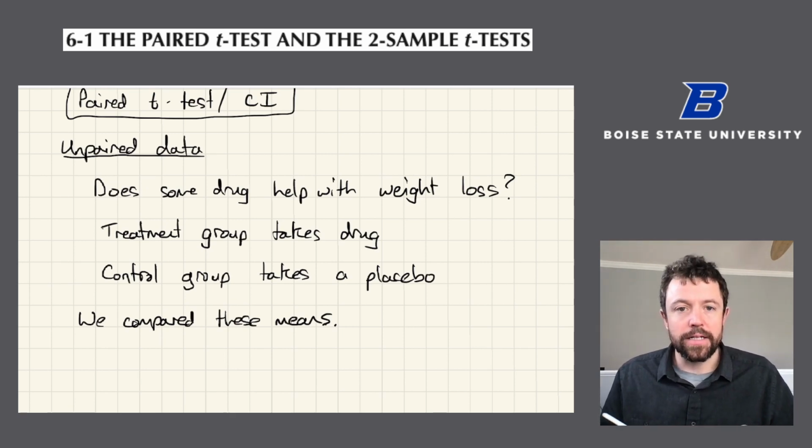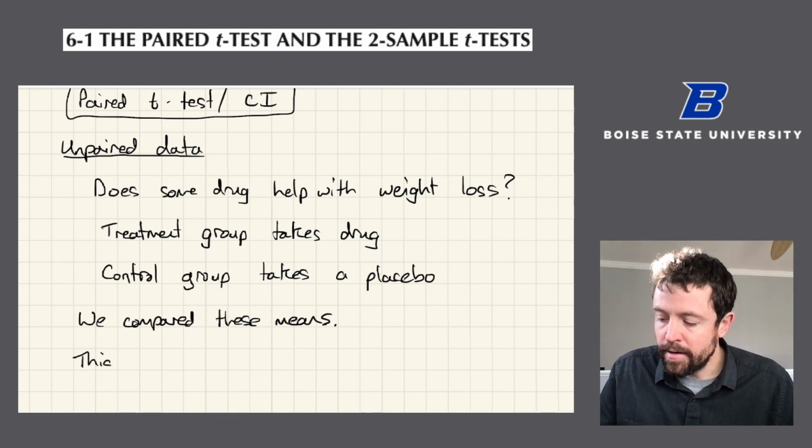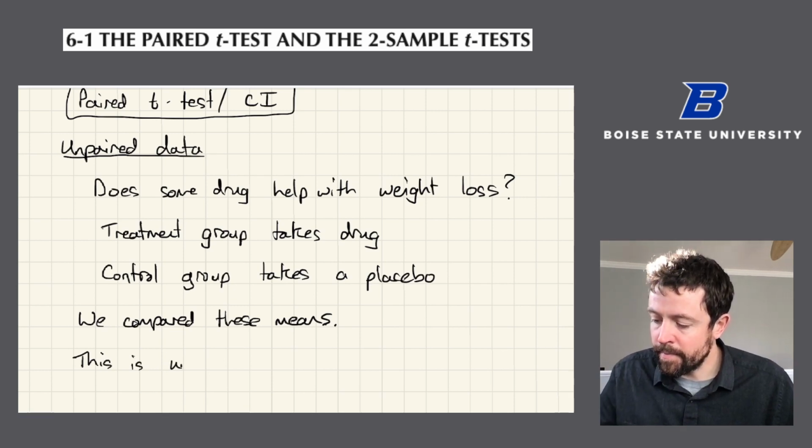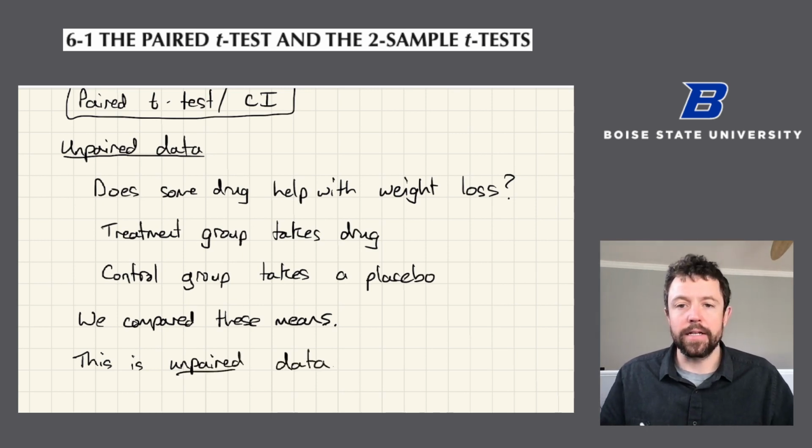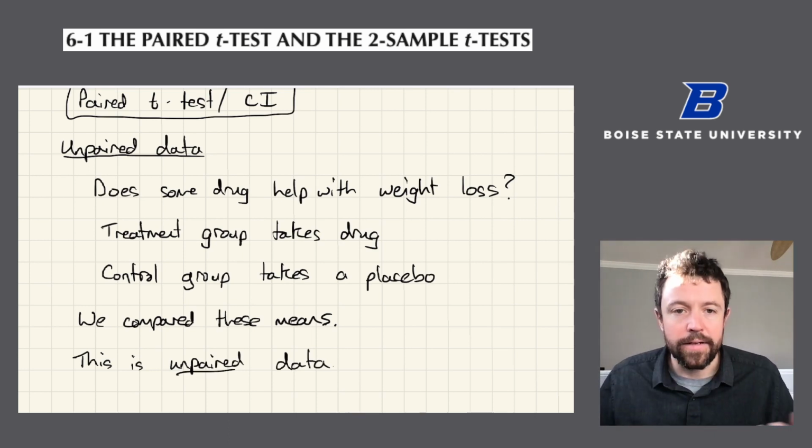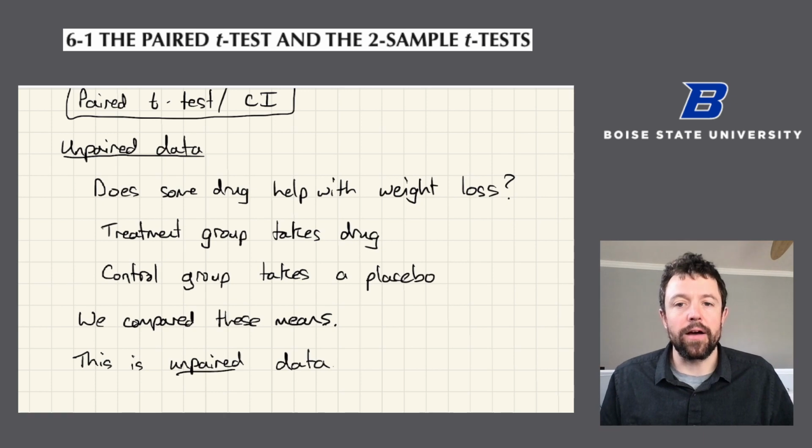We have our treatment group data set, we have our control group data set, but there's no way to pair the numbers together. This is unpaired data. That is, it's not like we have someone in the control group and their twin is in the treatment group. That's not how experiments work.